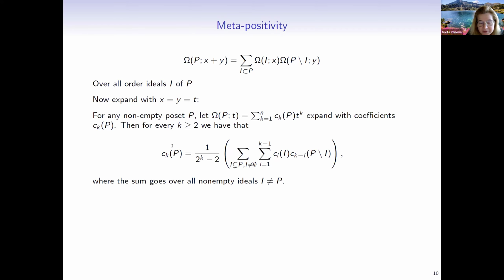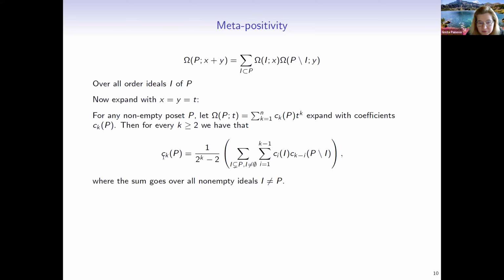So what happens in the end is if you equate coefficients in front of t to the k, you get this convolution on the right side. But on the other side, you have 2 to the k, minus 2 to the k minus 2, because you're repeating the poset twice.